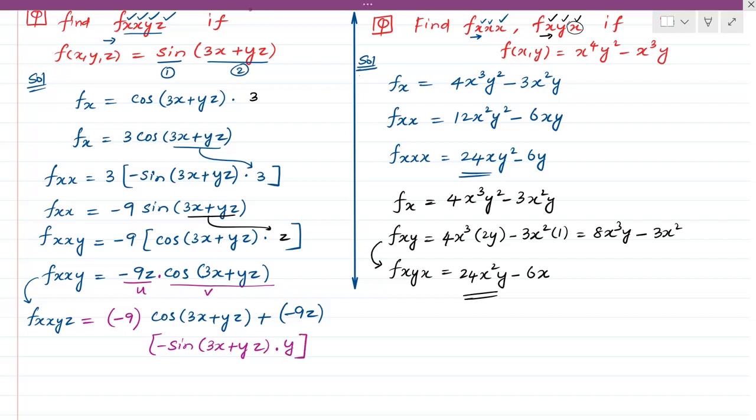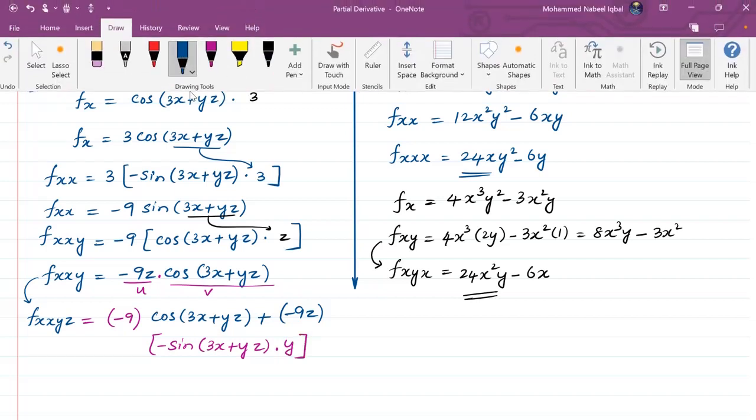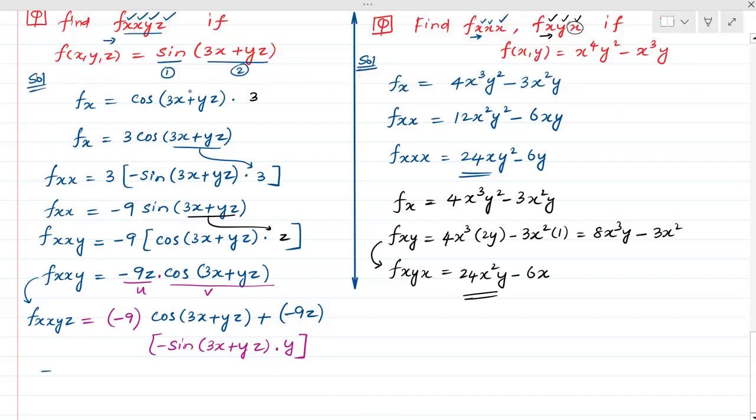After multiplying, the first term is minus 9 cos(3x + yz). Minus into minus becomes plus 9zy sin(3x + yz). That's it.